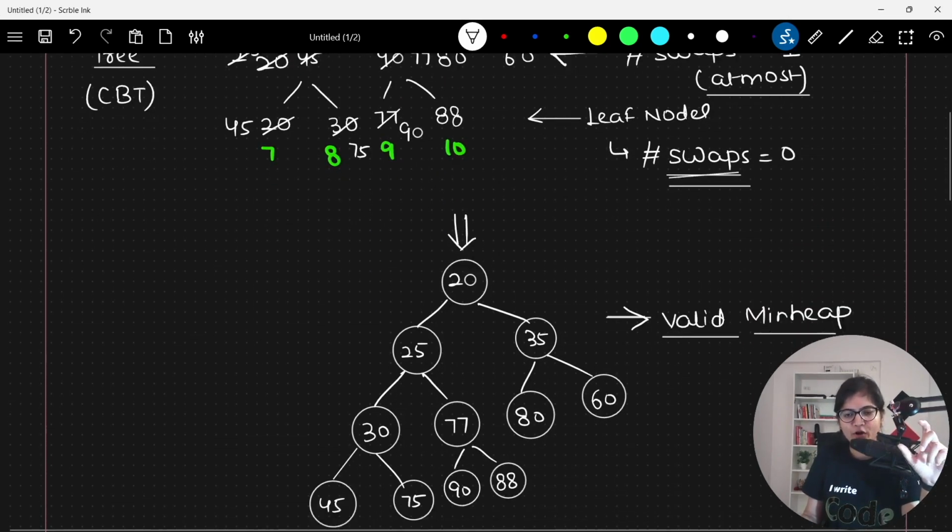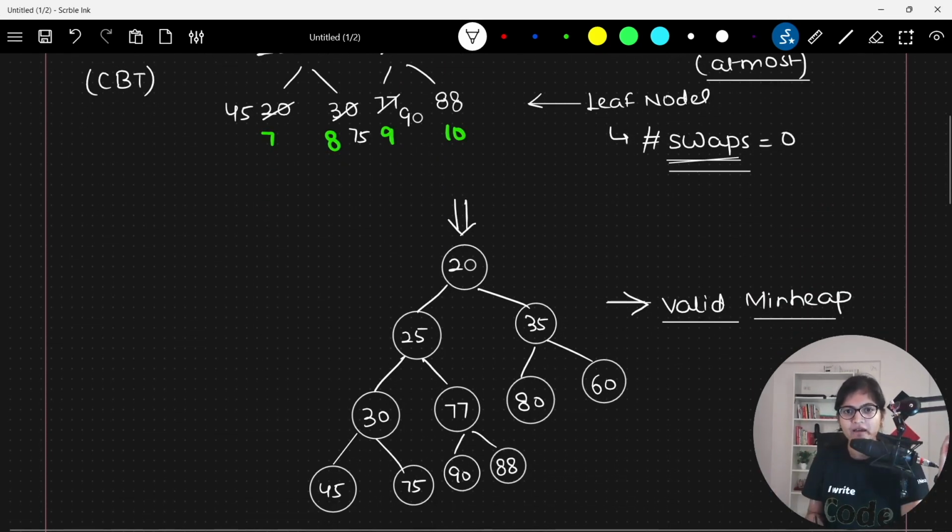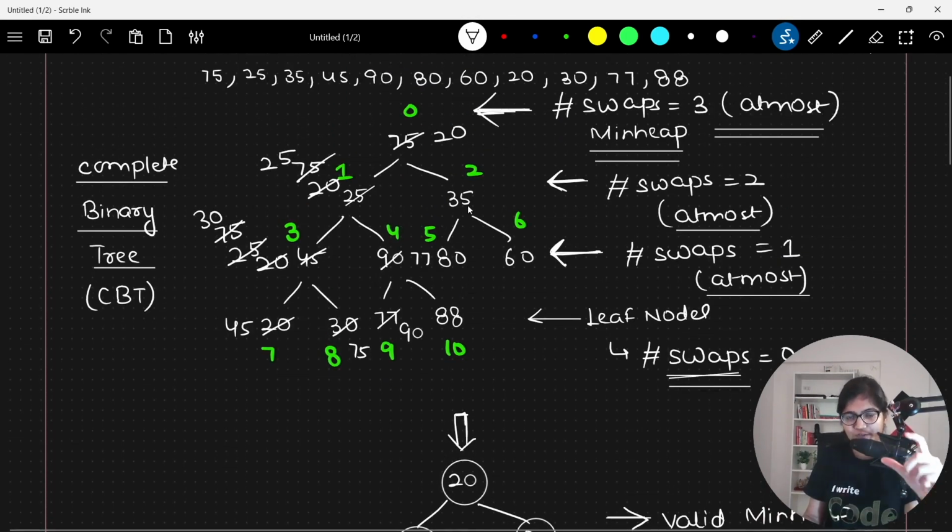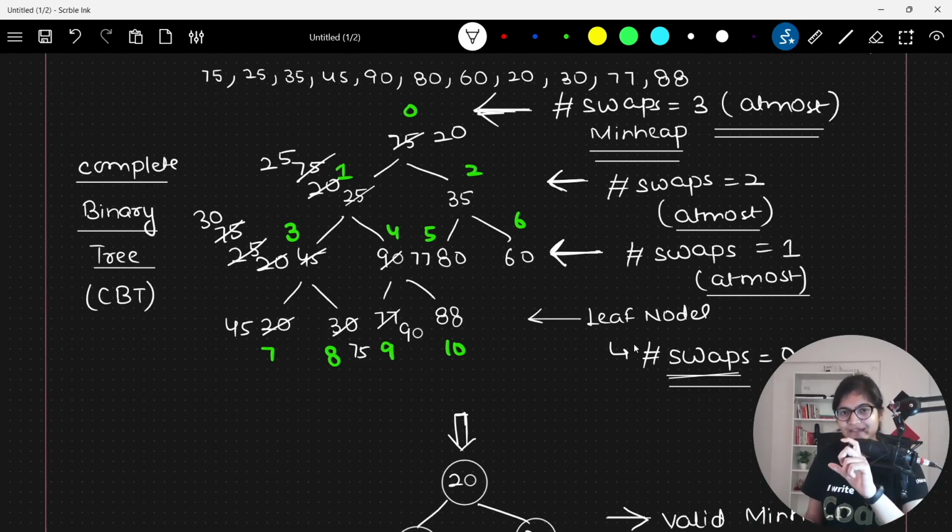Once we are able to do that, the process of comparison will start. At this point, we are doing the swaps according to the situation, checking whether the parent node is the smaller element or not. If it is not, then we compare it with the child nodes, and whichever has the minimum element, we do a swap with that.